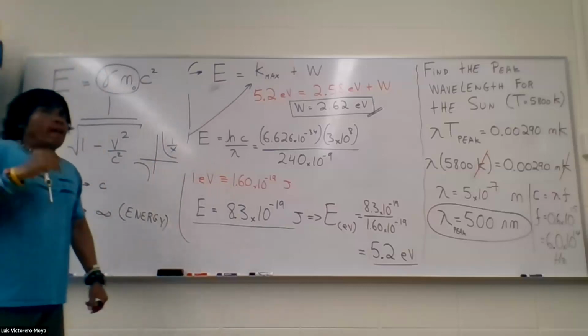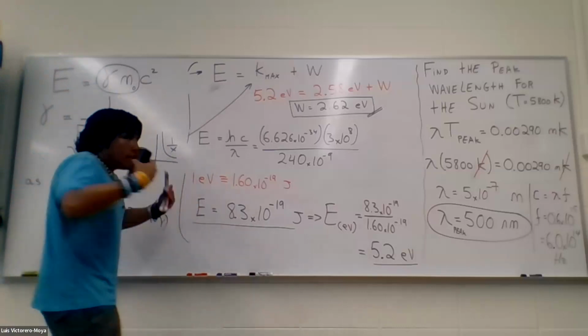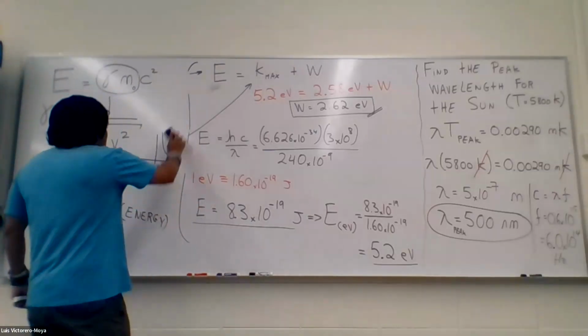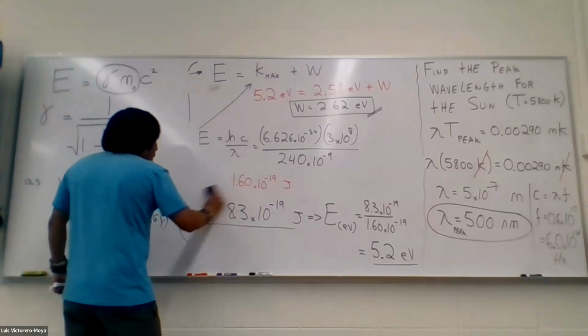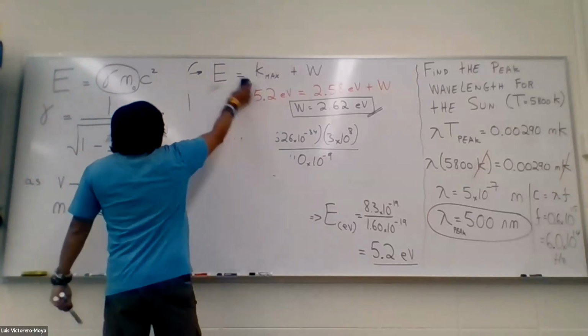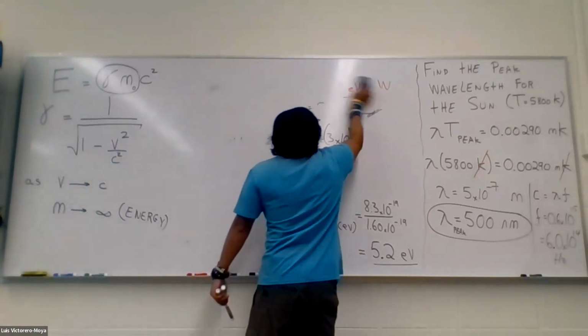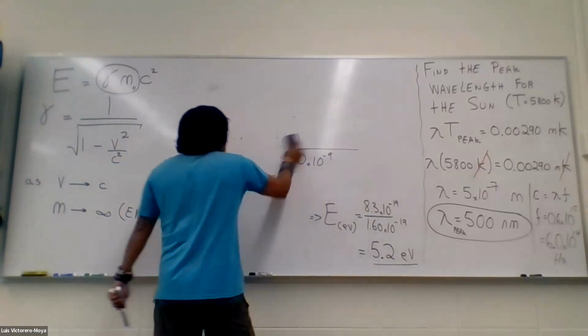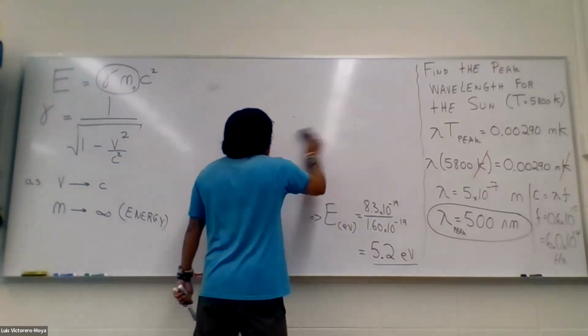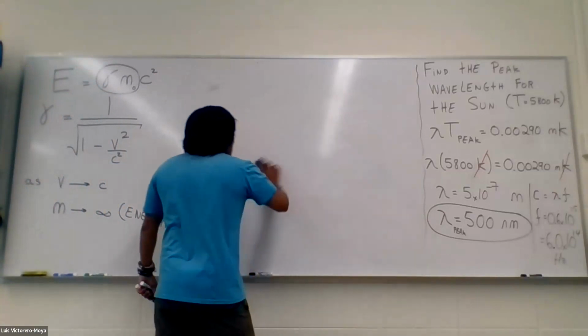So we can find technically the momentum of a photon, even though it has infinite mass, it's basically energy. We can use the equation that we proved before for the electromagnetic radiation. Energy over c equals momentum. But now we know what energy is. Now we're talking about the photon.